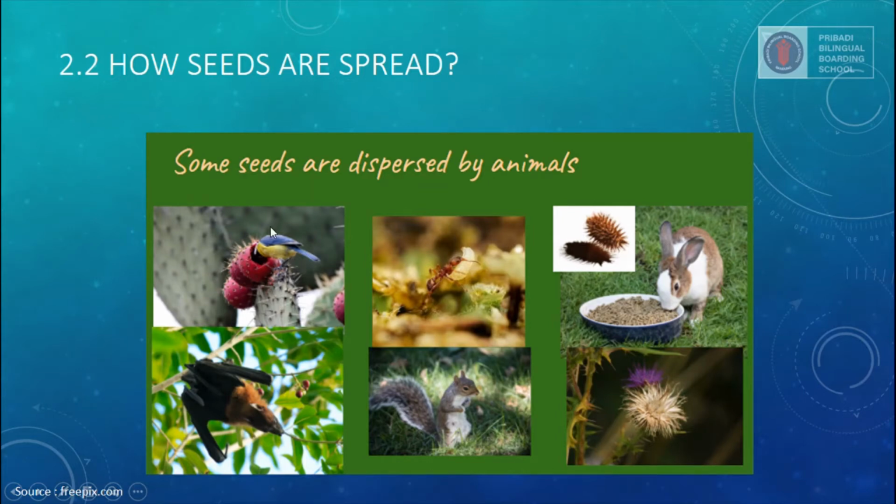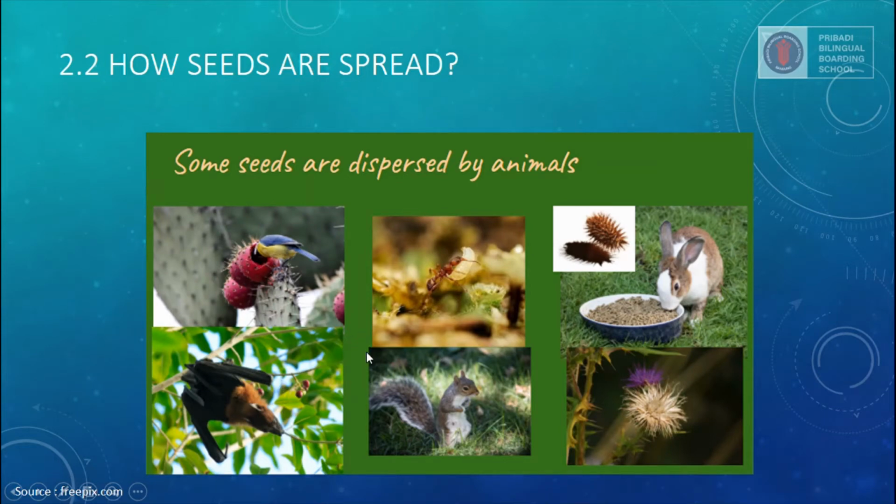In the example in this picture, the birds eat the fruit, and then the birds fly, and the birds will leave their droppings in other places far away from the parent plant. It also happens with the bat. Most bats eat fruit, not blood like it is usually told in the story.